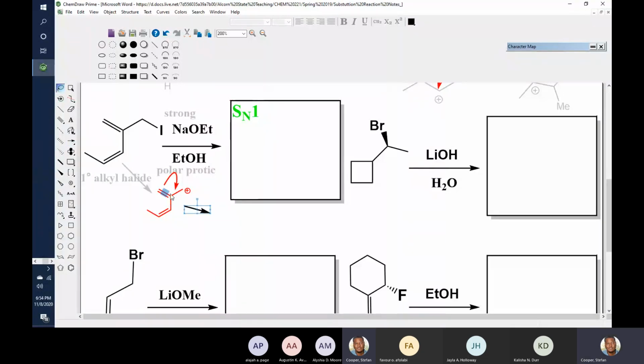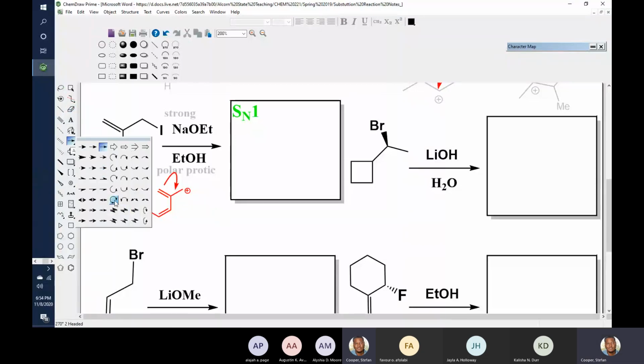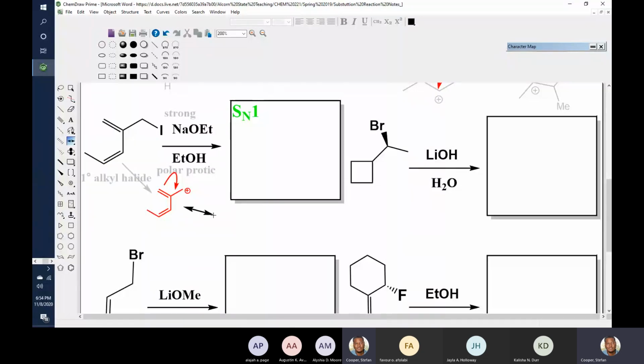All right, so resonance here, and I got the wrong arrow here. It's going to allow rearrangement from a primary carbon cation to a primary carbon cation. Was this productive?